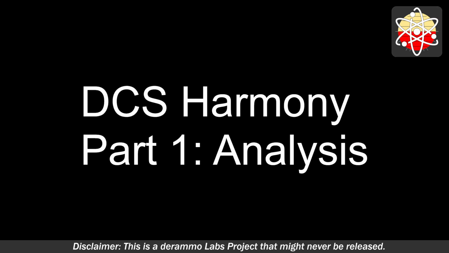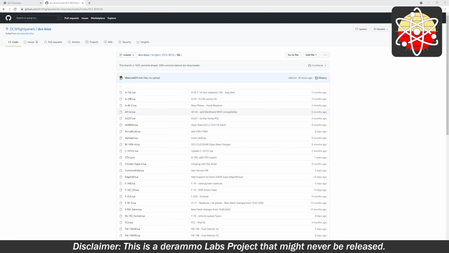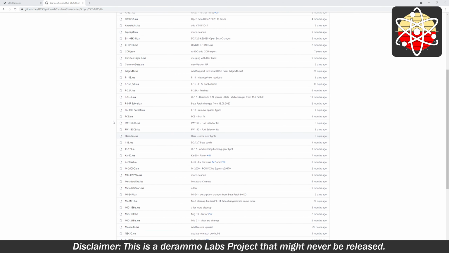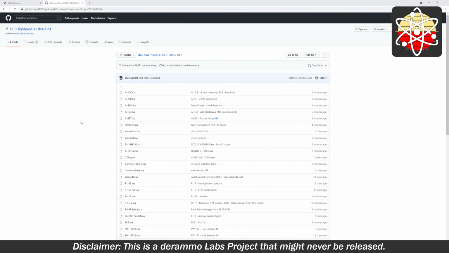But be that as it may, if you look at DCS BIOS, and we bring it up here, the flight panels branch of DCS BIOS that I mostly look at, these are the airplanes that they have support for. That's quite a lot compared to our 3, something like that.